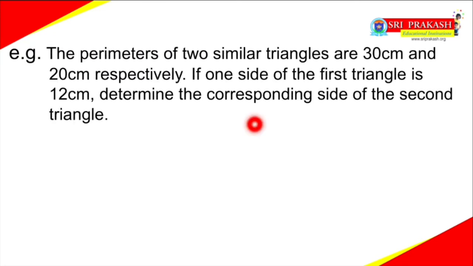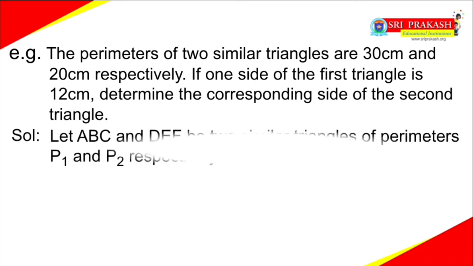Next, the perimeters of two similar triangles are 30 centimeters and 20 centimeters respectively. If one side of the first triangle is 12 centimeters, determine the corresponding side of the second triangle. Let us start.